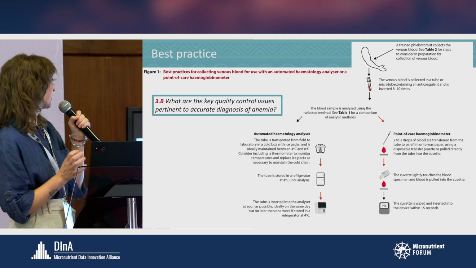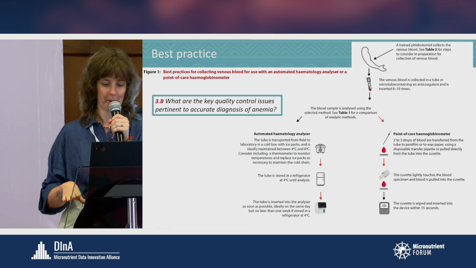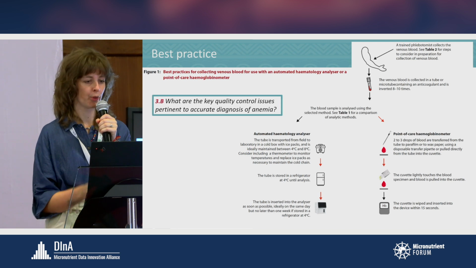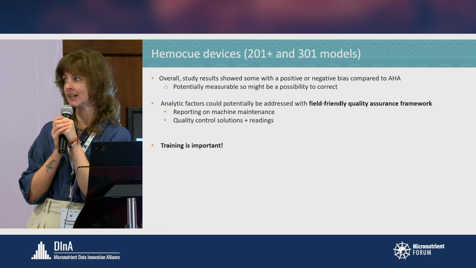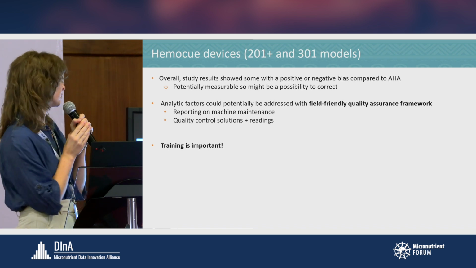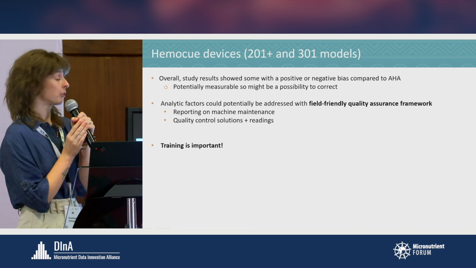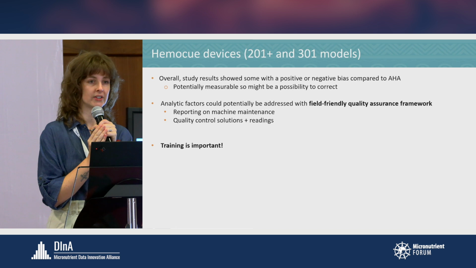What are then other key quality control issues for the accurate diagnosis of anemia? Well, first of all, for the HemoQ, there are some studies which show, if you look at the different models, some positive or negative bias compared to the automatic analyzers.